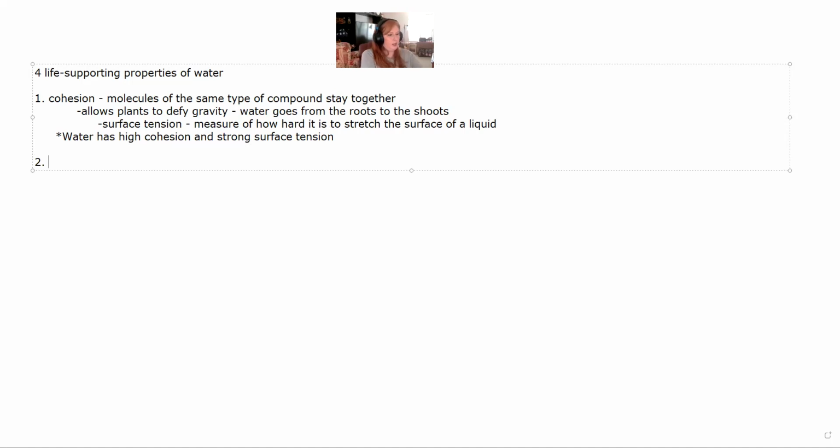All right, next we have temperature moderation. Water does an incredibly good job at holding on to its temperature, holding on to its heat, okay?